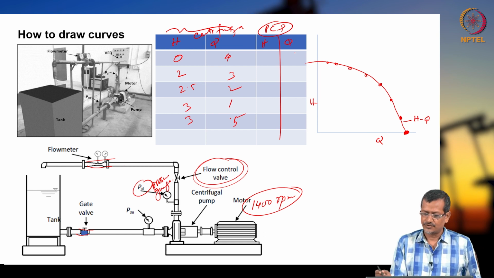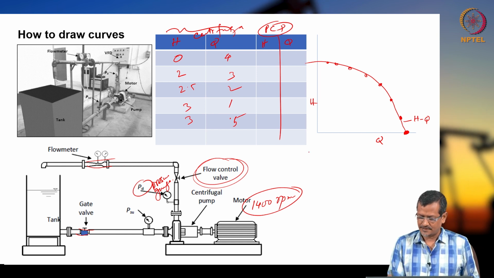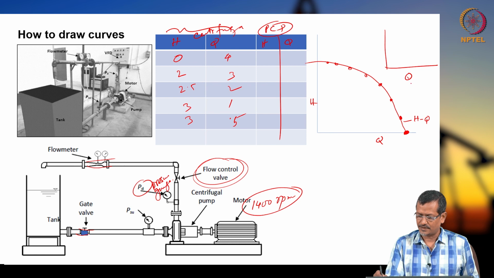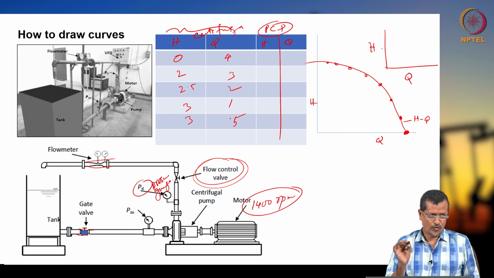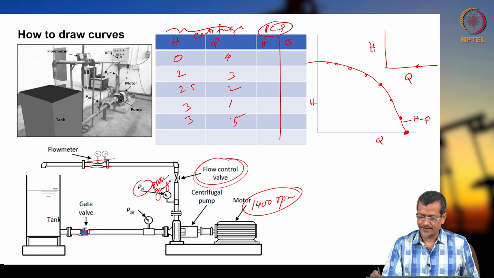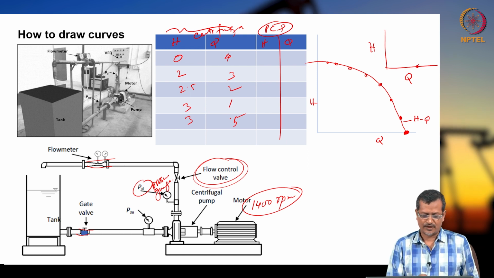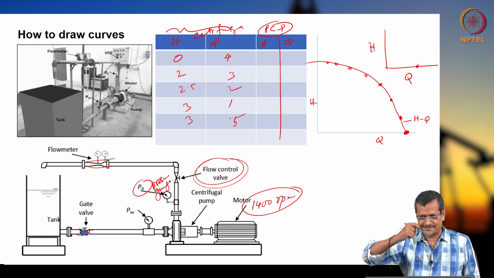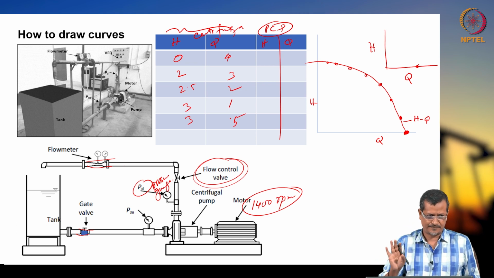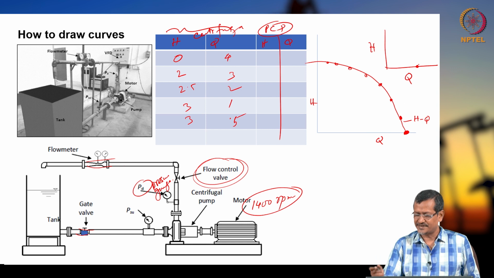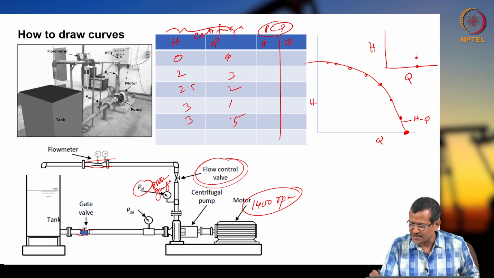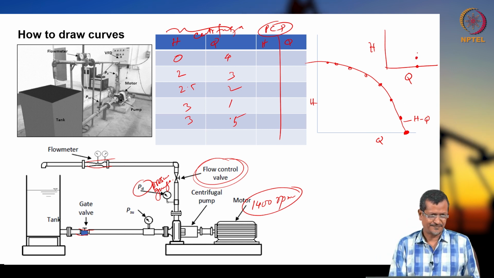I will draw another separate QH curve. Initially everything is open, my flow rate will be very high and H will be very low. Now you close a little bit, keeping the RPM the same. It will deliver the same amount of fluid, but the pressure gauge will show a higher pressure.